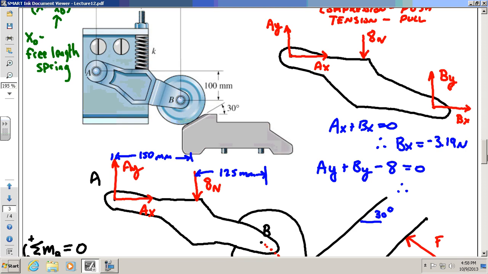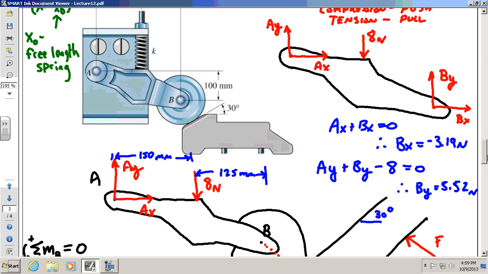So 8 minus 2.48, like 8 minus 2.5, is going to be 5.5? So it's going to be like 5.52, I think, is BY. So that's how you get the full answer.